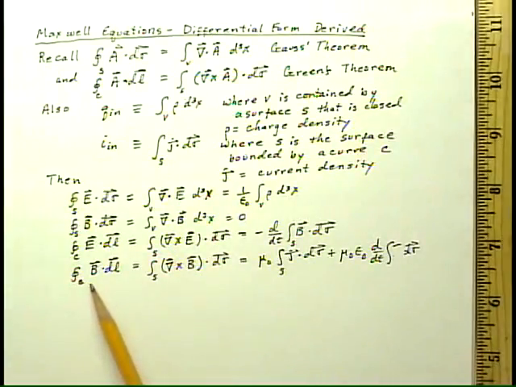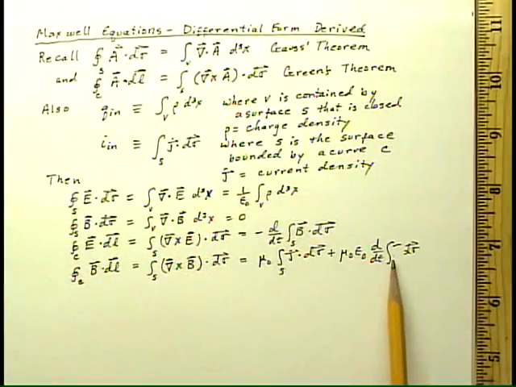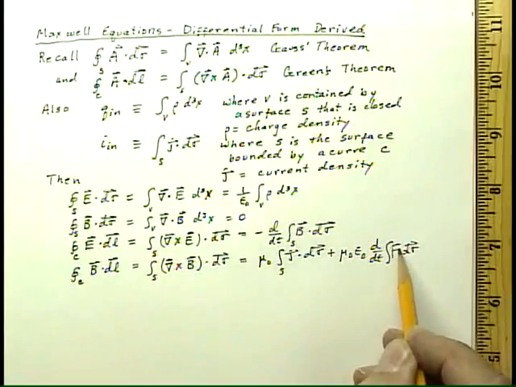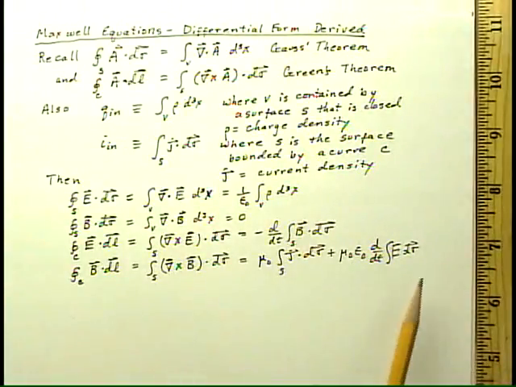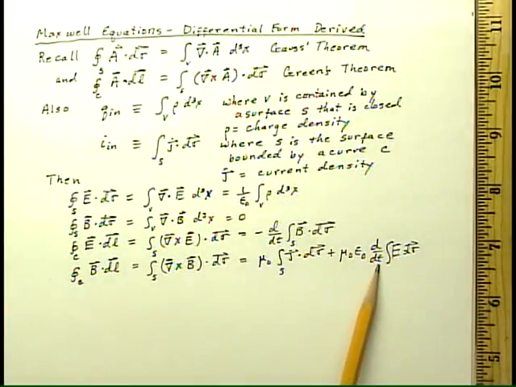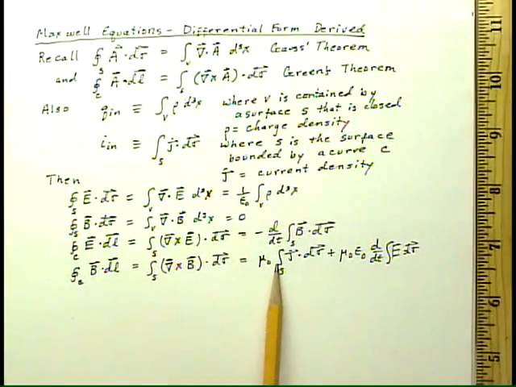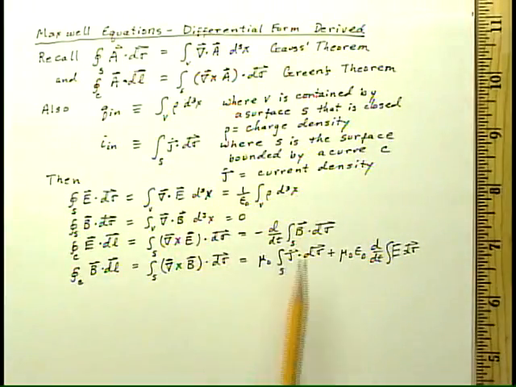Finally, we have the integral around a curve of B dot dl, which by Green's theorem is del cross B rather than del cross E. The right-hand side has two terms. The one at the end, which should have been an E there, is the same as it was before. The one before that had mu naught times the electric current that was inside.